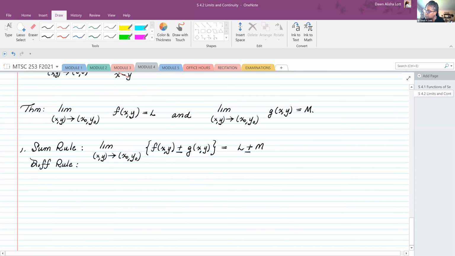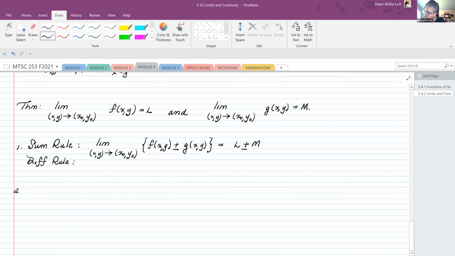Okay. Product rule. So I'm going to take this limit, and I have f of x, y times g of x, y.